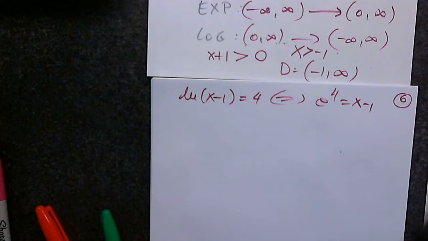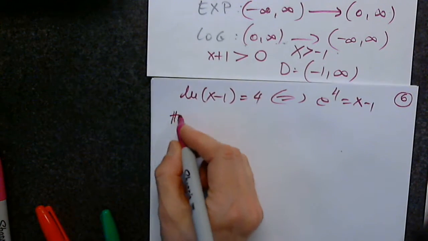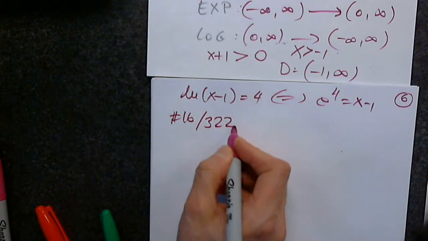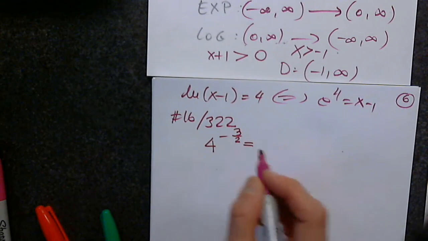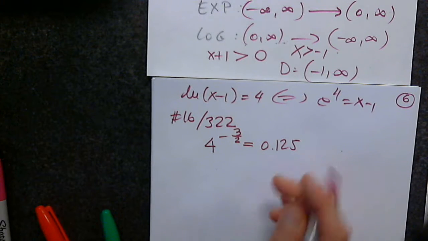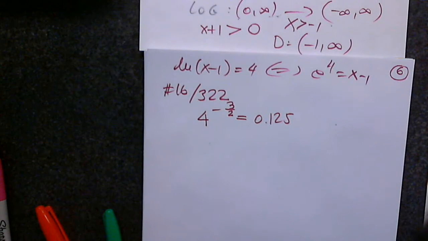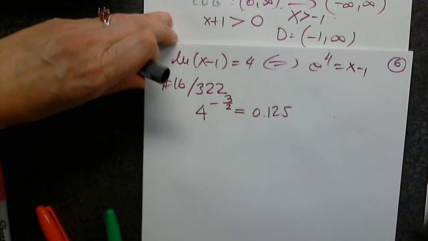Although these are easy problems, I would like to build up our knowledge slowly. 16. Okay, 16. So in 16, on page 322, we have 4 raised to -3/2 equals 0.125. Please watch this for a second.